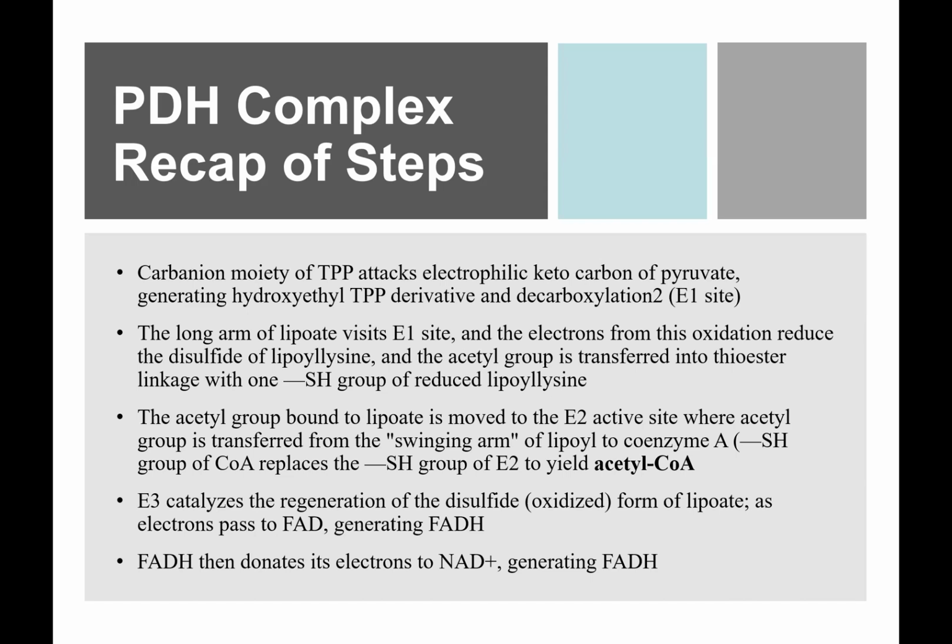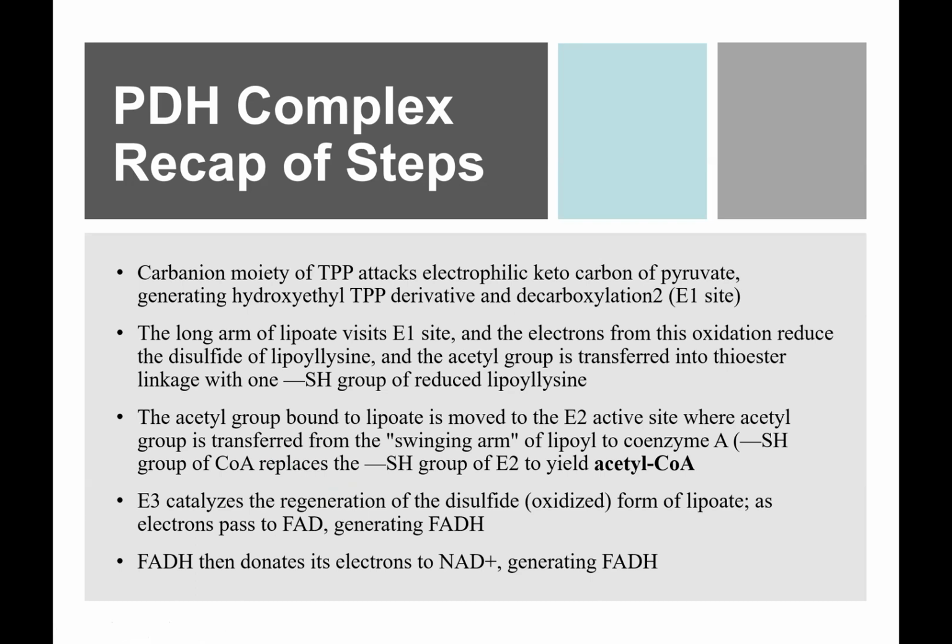So the hydroxyethyl group gets attached to one of those sulfurs, and the other sulfur is in SH. Then the swinging arm of this lipoate transfers this hydroxyethyl group once again to the coenzyme A.